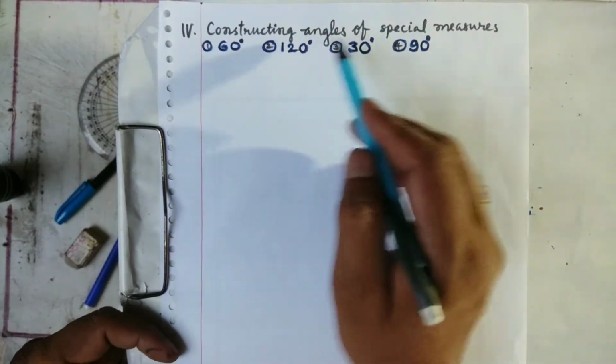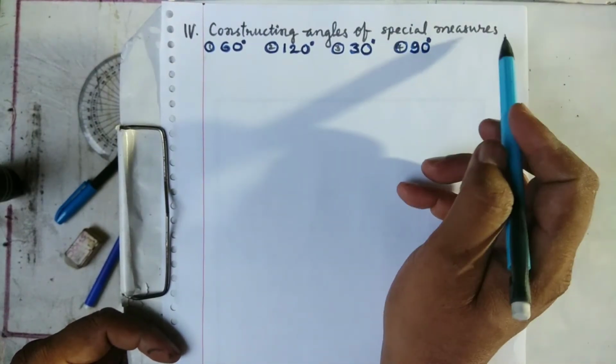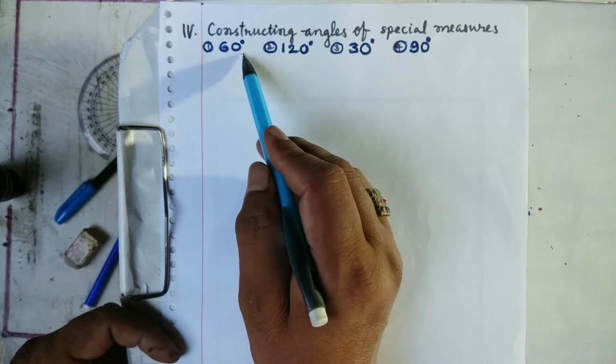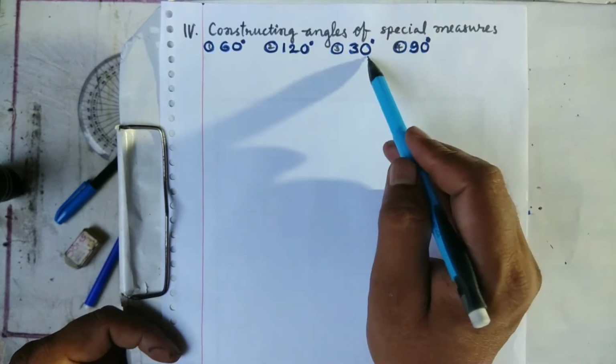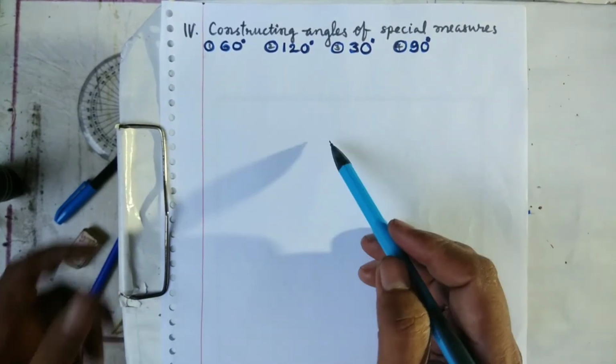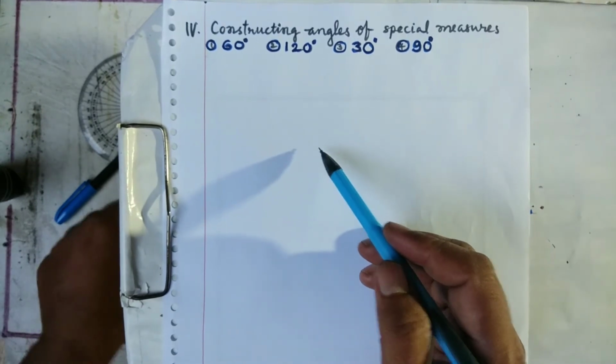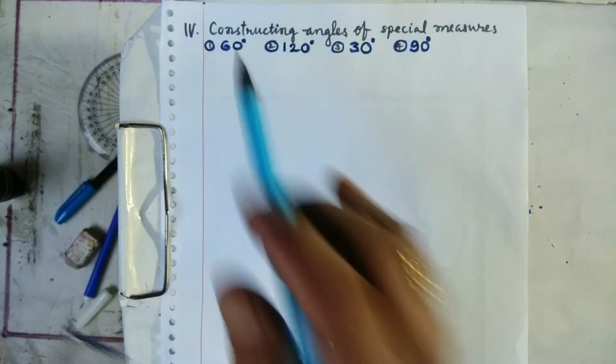Fourth one, constructing angles of special measures: 60 degree, 120 degree, 30 degree, 90 degree. First, 60 degree.